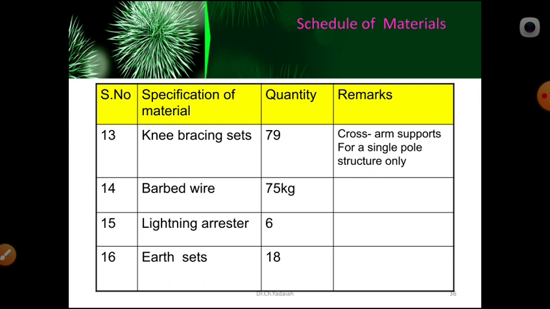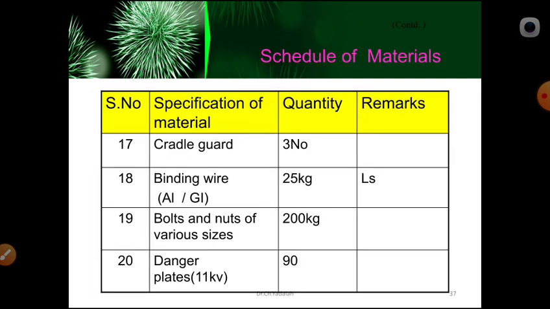Next, earth sets, already calculated; every fifth pole we provide an earth set. And a cradle guard and binding wire. The cradle guard is based on the real field requirement. It is not essential.